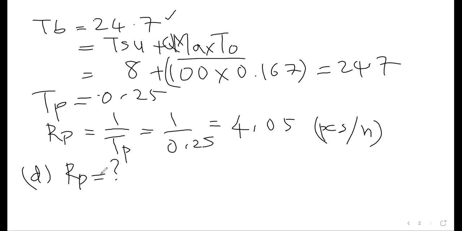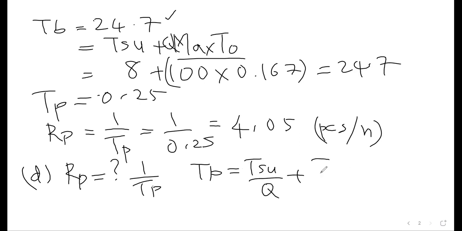You need to find TP because 1 over TP, you can get the RP. So you need to find TP first. So TP here, you need to calculate again because you need to find the rate for average. So TSU divided by quantity plus TO divided by 1 minus Q. Q is scrap. Scrap is 0 here.